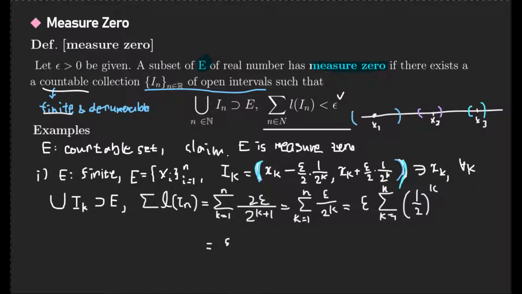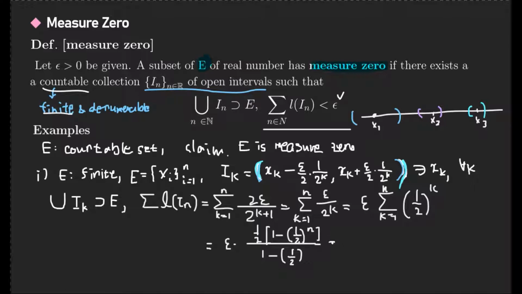By the formula, the ratio is half, the first term is also half, and for n terms we get 1 minus half to the n.